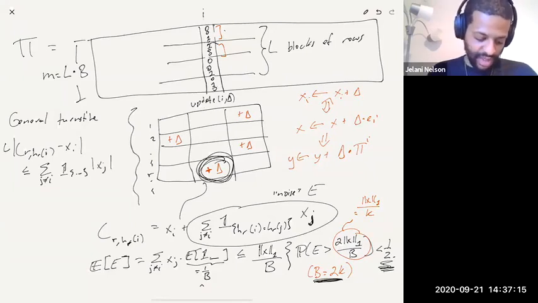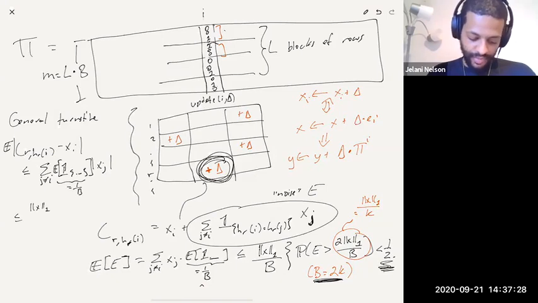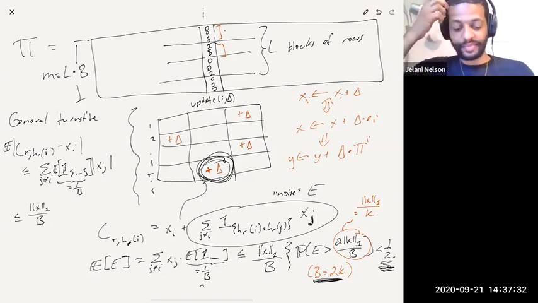So if I take expectations of this, again by linearity of expectation, I get this, right? This is still equal to 1 over b. So this is still at most the L1 norm over b, right? So I'm still getting that.